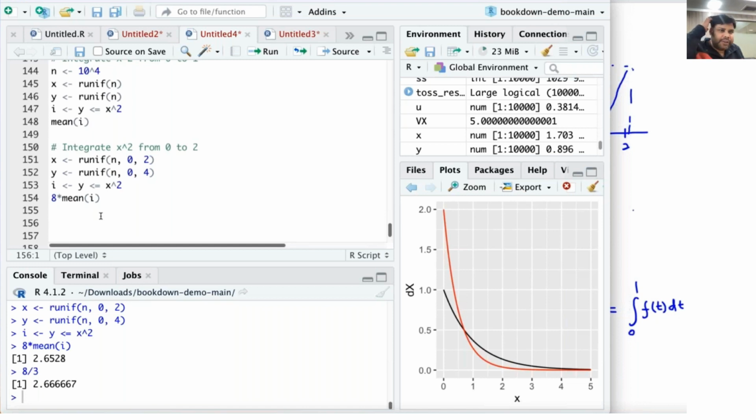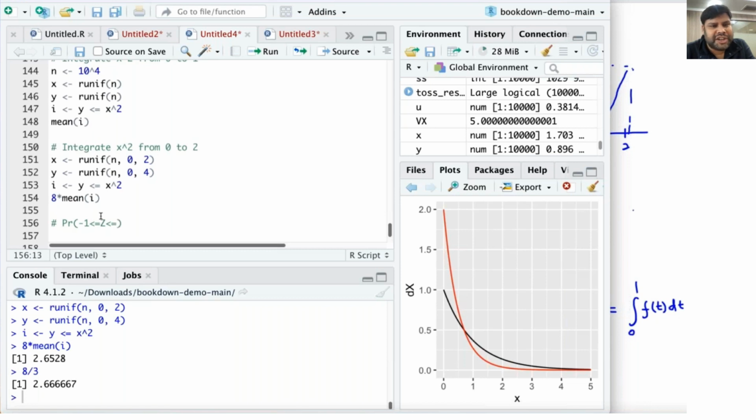Okay, so that's how you do the integration. Let's do one exercise. Why don't you estimate the probability that x is between -1 and 1, where x is standard normal. Of course, we can use pnorm. You want to find the probability that z is between -1 and 1, where z is standard normal.